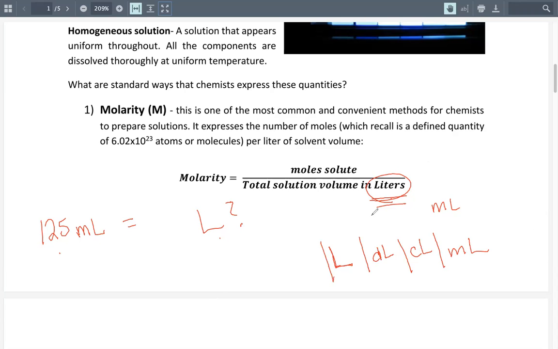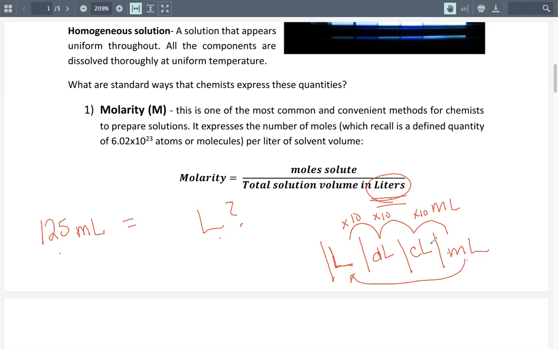But the 3 spaces between liter and milliliter describe the movement of my decimal point. To get from liters to milliliters, I'm multiplying by 10 each time. To go from milliliters to liters, from the smaller measurement to the larger measurement, I have to divide by those 3 tens.